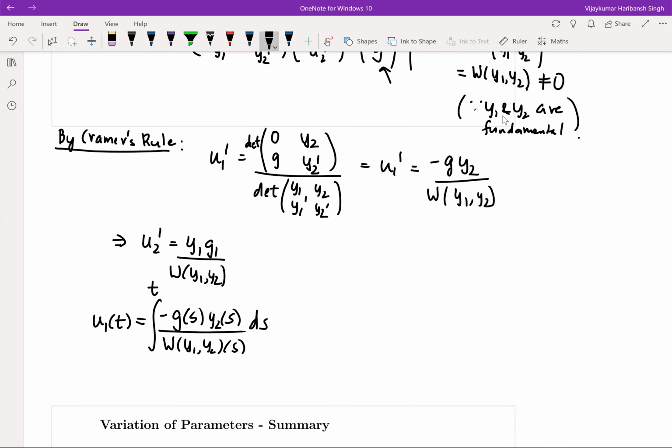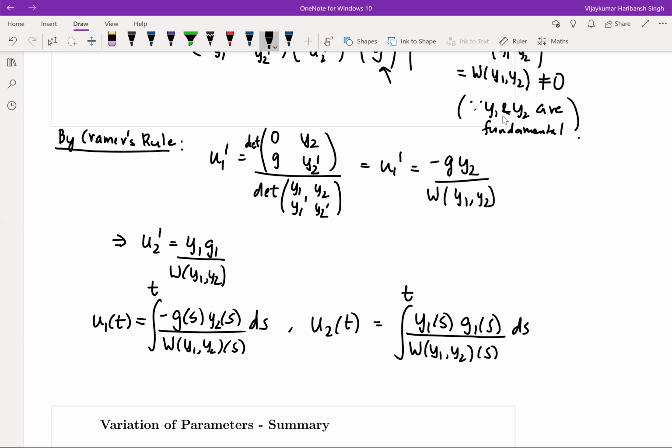Similarly, u2 of t is the integral, because this is a derivative, this is a prime, of y1 of s g of s divided by the Wronskian of y1, y2 at s, ds, and then after the integral you put t inside. So this is your variation of parameters.